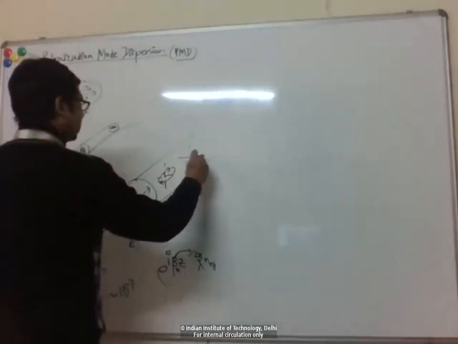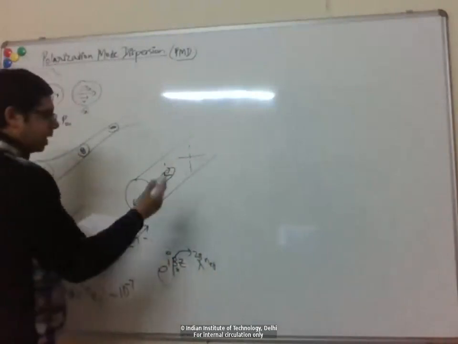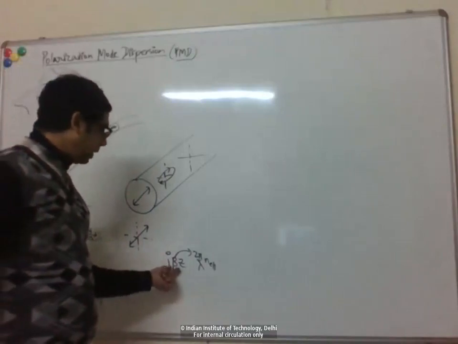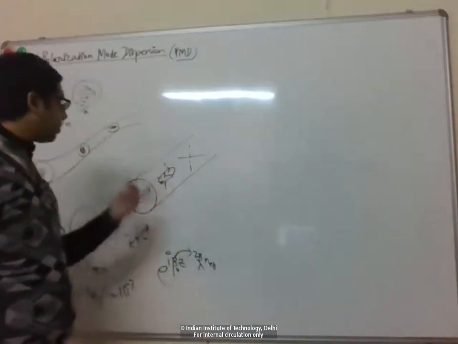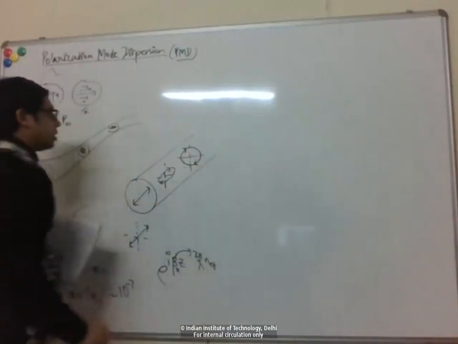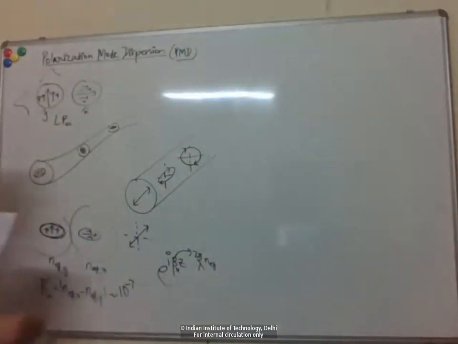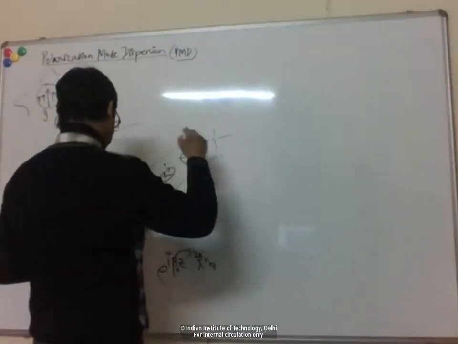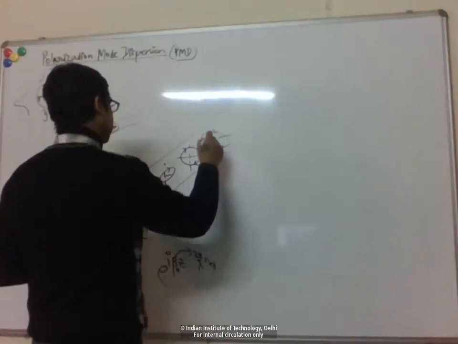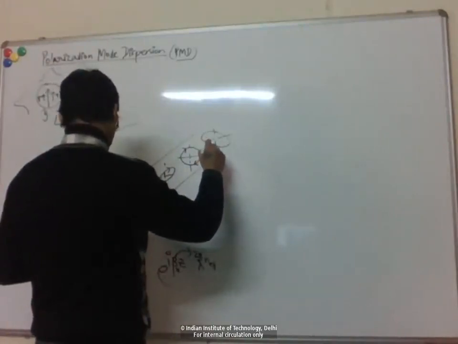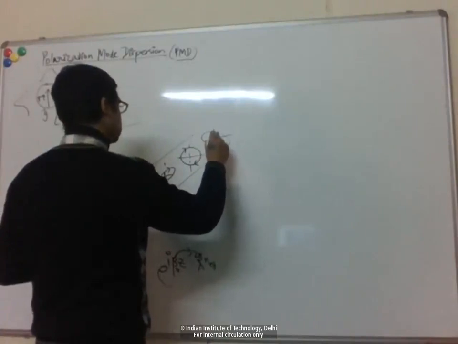Right? At some point, the phase difference will become pi by 2, right? So when this (beta x minus beta y) times z becomes pi by 2, then it becomes circularly polarized, right? And you keep propagating, it becomes elliptical in the other direction, right?